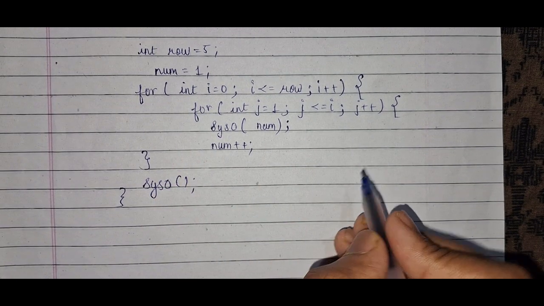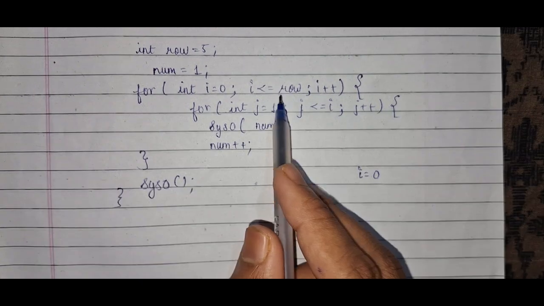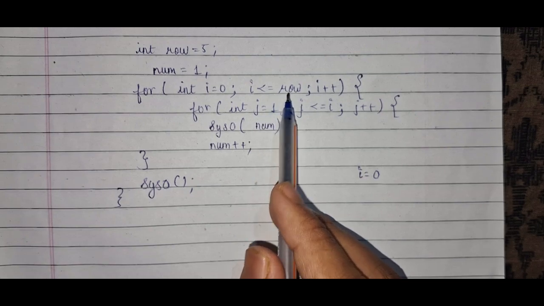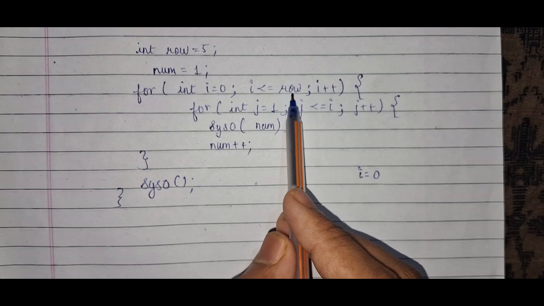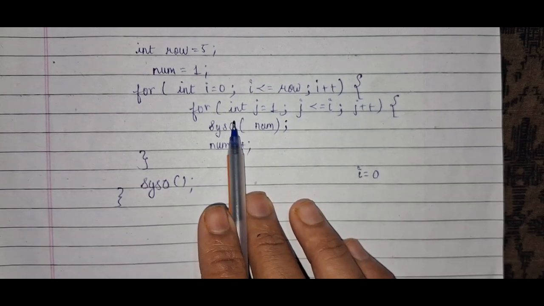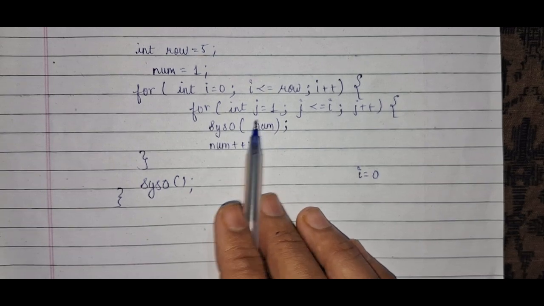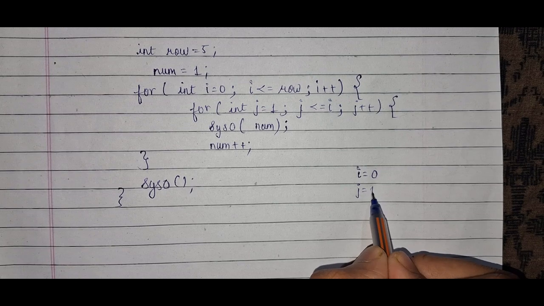Int i is equal to 0. Here i's value is 0. Okay, i should be less than or equal to row, means 0 should be less than or equal to 5. So the condition will be true, then it will enter into the inner loop, and we have created here j is equal to 1.